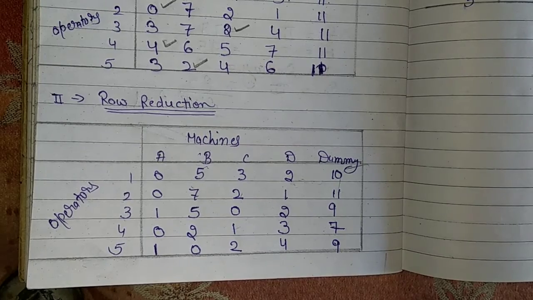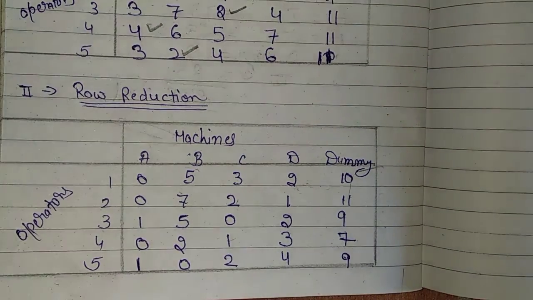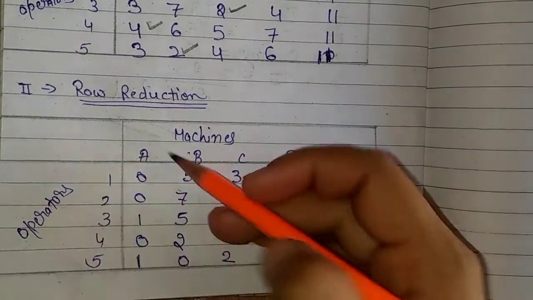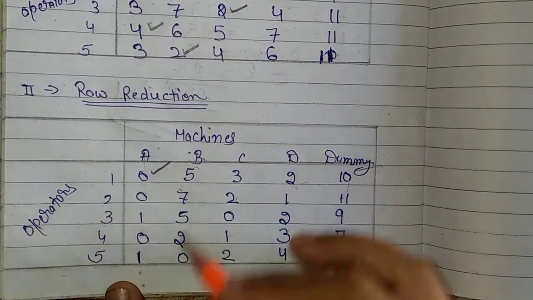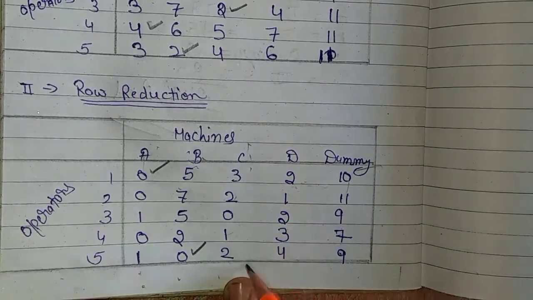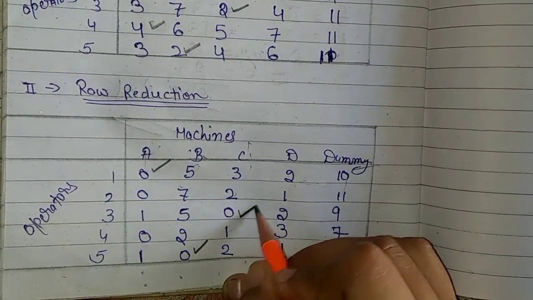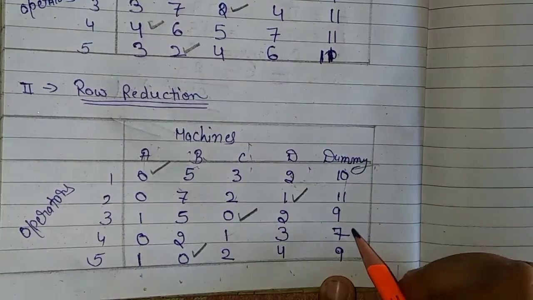Next step is column reduction. For column reduction, we have to select the minimum number from each column. In this column, the minimum number is 0. In this column, 0. In this column, again 0. In this column, 1. In this column, 7.